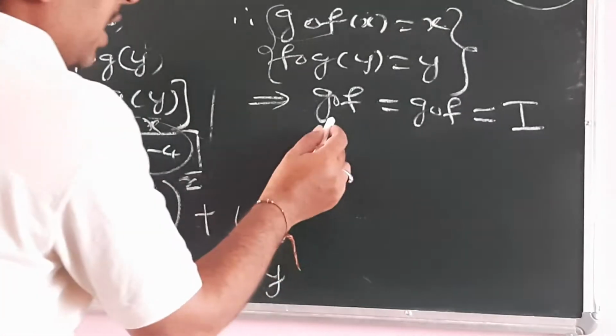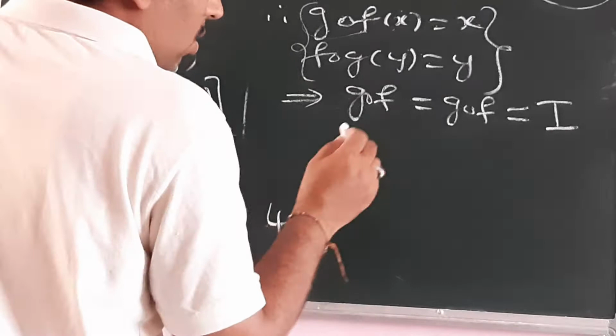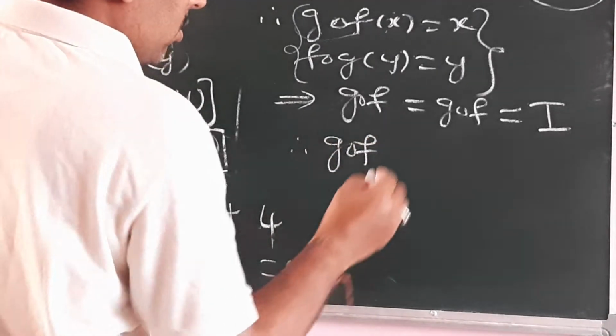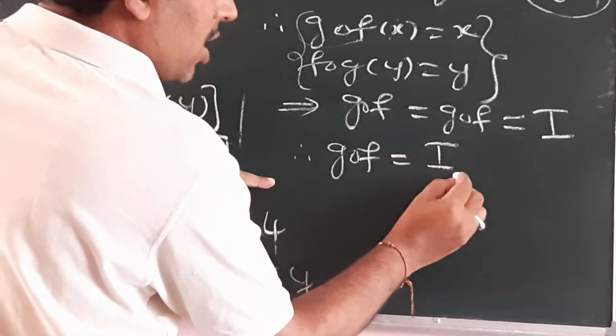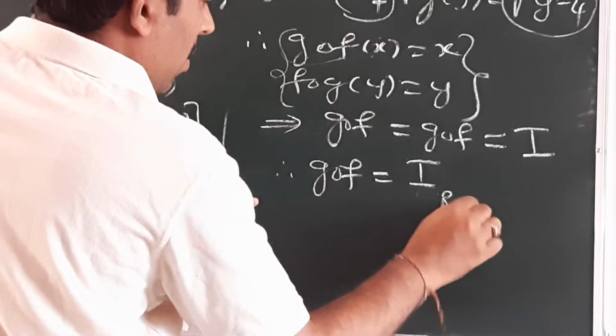So g of f of x is equal to x, and we have proved this. Each is equal to the identity function. What was the domain here? The domain is R plus.